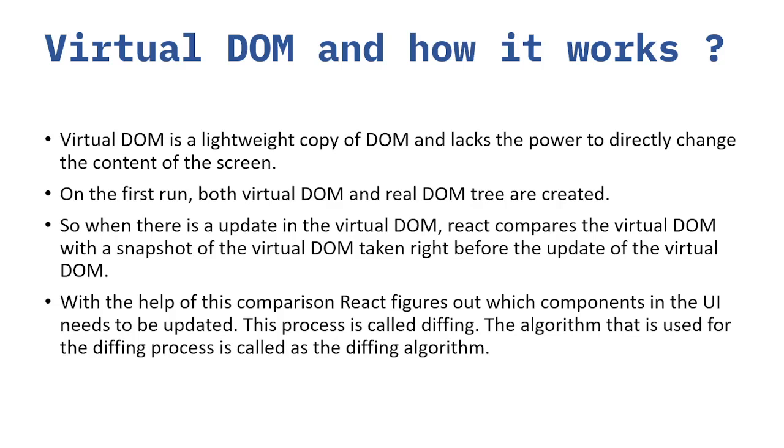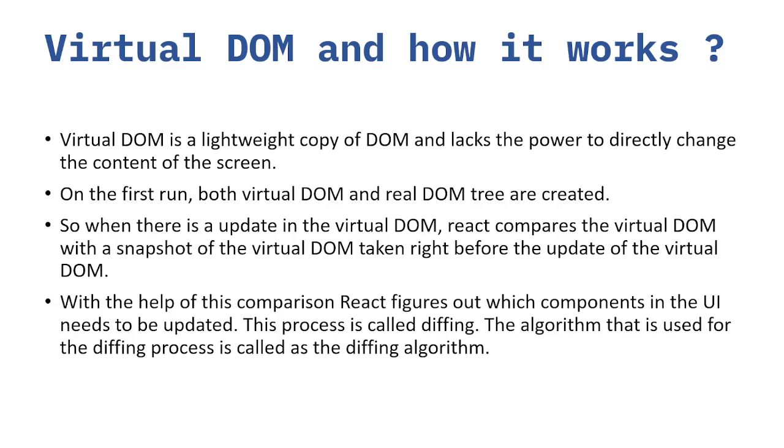So what React does, it compares the virtual DOM with the snapshot of the virtual DOM taken right before the update of the virtual DOM. Okay, and this process is called diffing. So it basically tries to get the difference between these two DOMs. And with the help of this comparison, React figures out which components in the UI need to be updated. Okay, the complete process is known as diffing. So remember this term diffing.